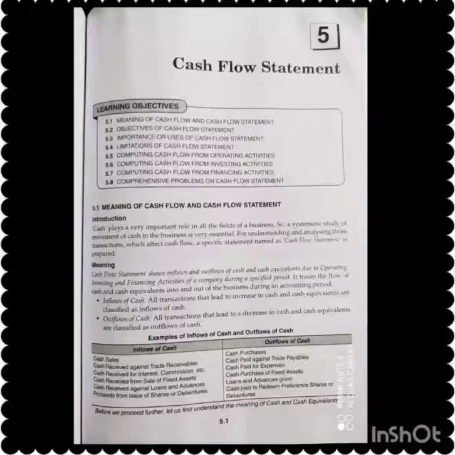So in the statement, the second thing, the cash flow from investing activities, arises from the proceeds from sales of fixed assets, the proceeds from sales of long term investments, and the purchases of fixed assets. Students, this is the second activity, cash flow from investing activities.